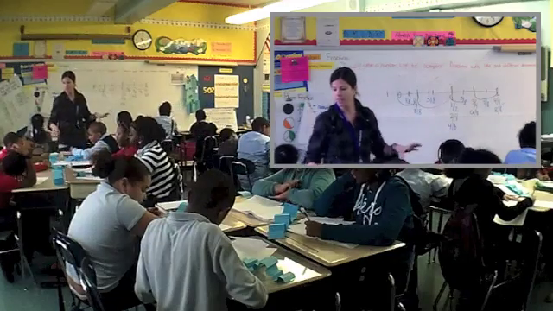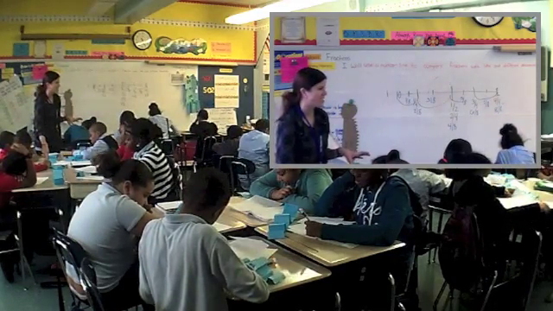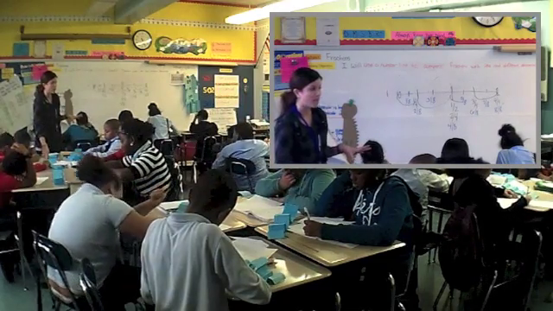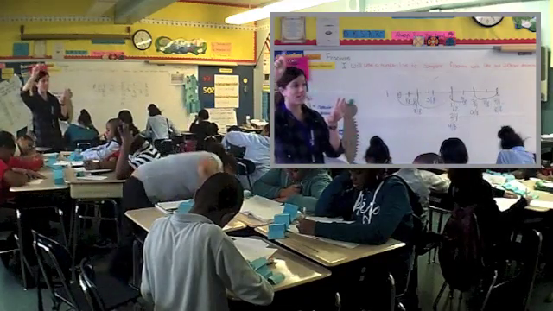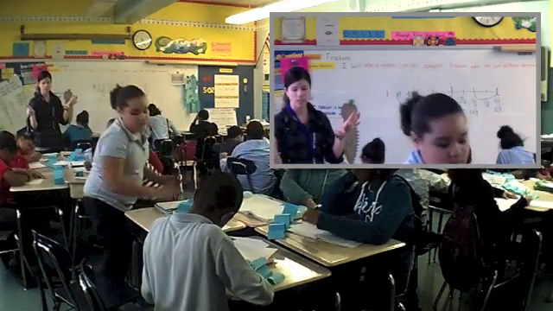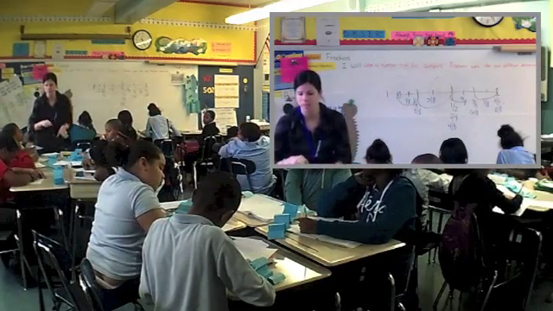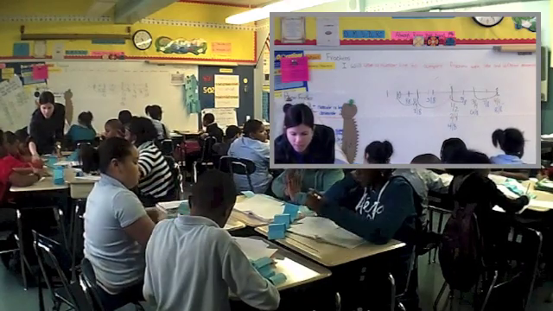Now, you see that little dot? They want to know what the dot represents. How many pieces is it cut into up until the dot? So now you're going to go back and bunny hop and count again until you get to the dot. You're counting the lines, you're not counting the spaces. 1, 2, 3, 4, 5, 6.